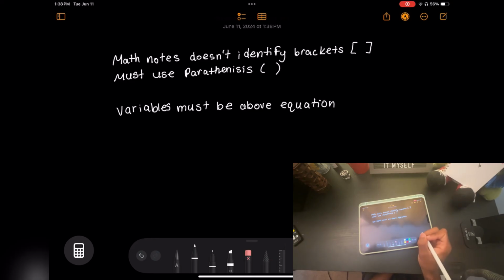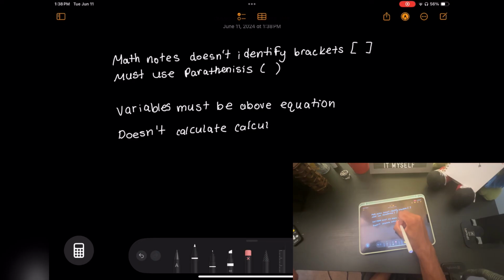And then it does not calculate calculus functions, right? Calculus functions like the integral or derivative or anything along those lines.